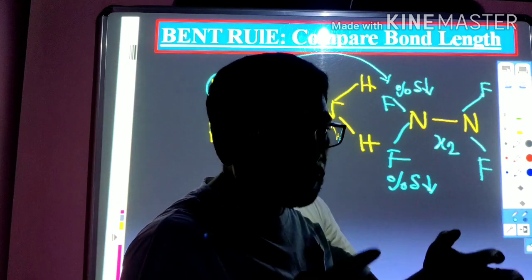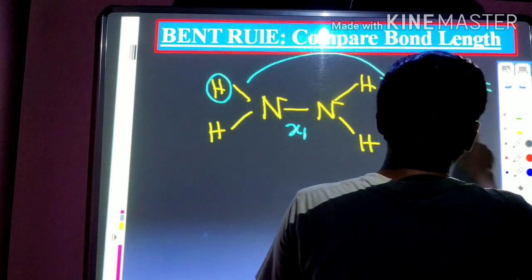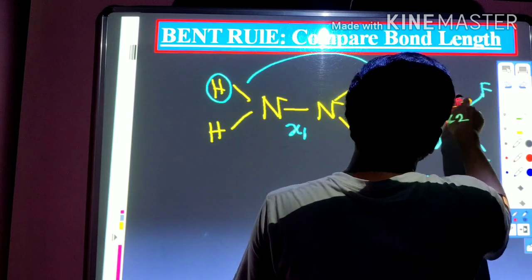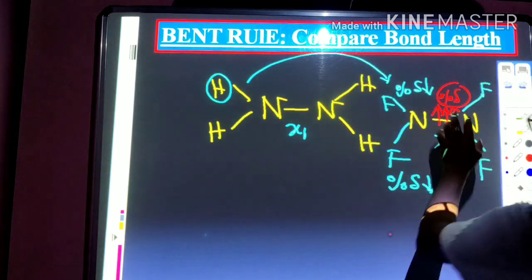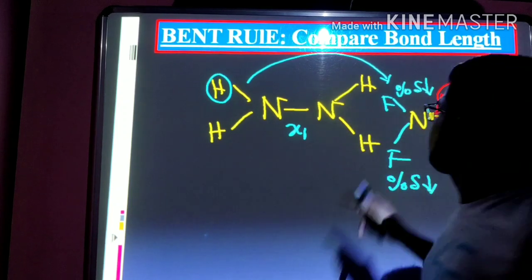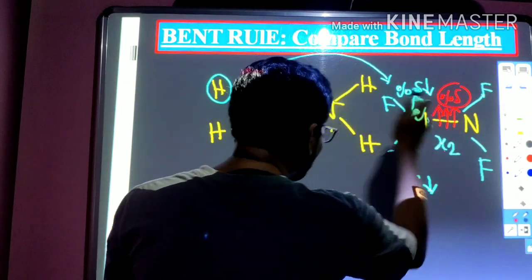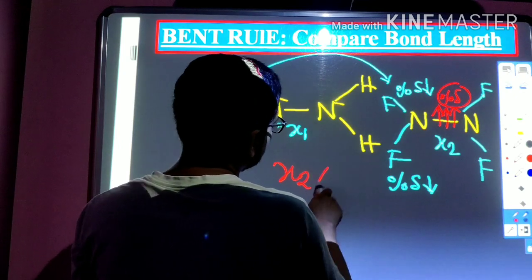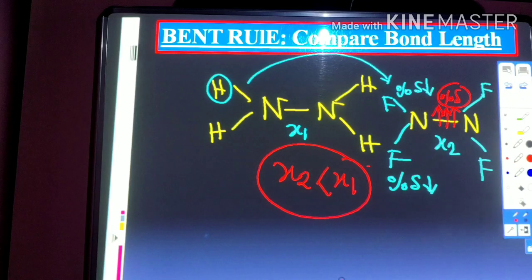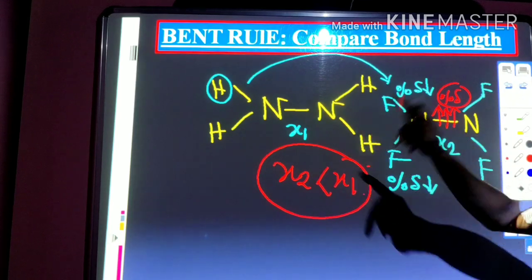In order to make it 100%, the percentage of S character in this bond will increase. If the percentage of S character in this bond increases, the bond length will be shortened. So x2 is less than x1.